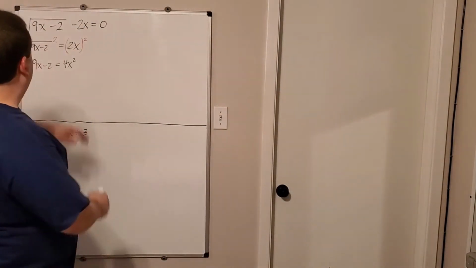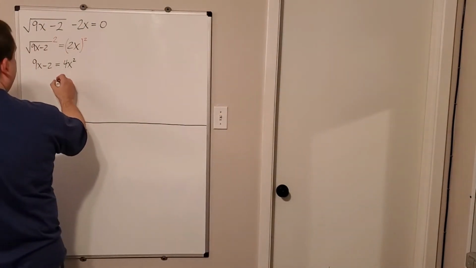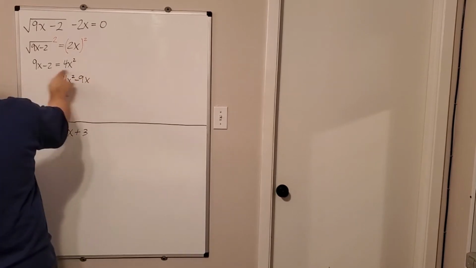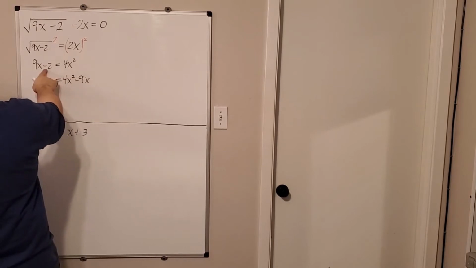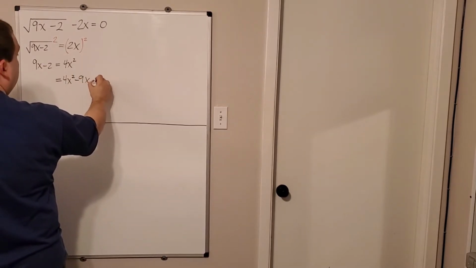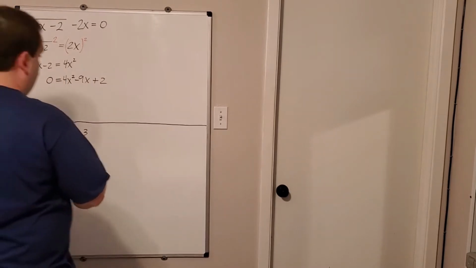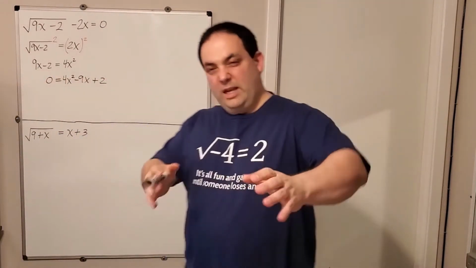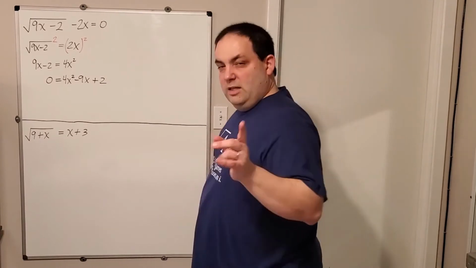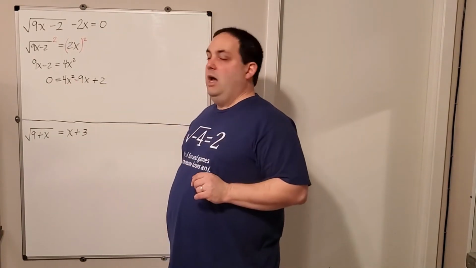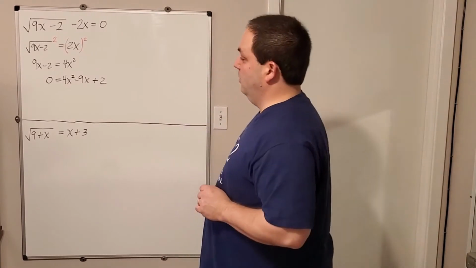I'm going to have to subtract the 9x, right? Subtract the 9x. And I'm going to have to add the 2. When I do those, I'm going to end up with nothing on the left-hand side, and there's my 0. And I did move to the right on purpose because I do want my highest term, my squared term, to be positive here, right?